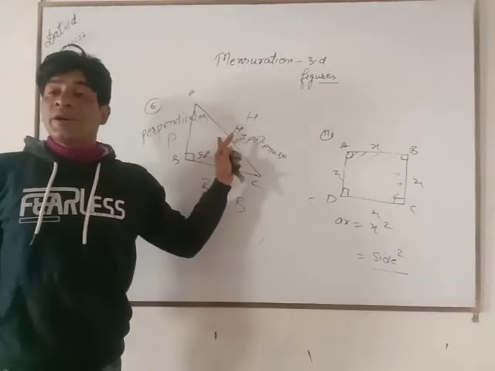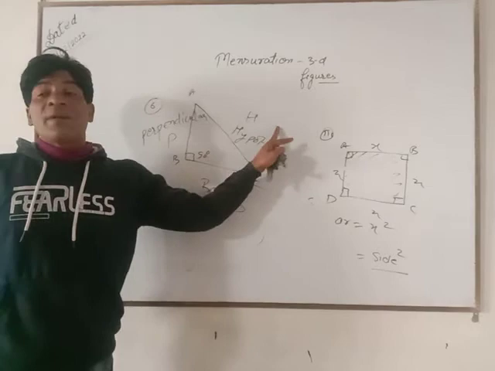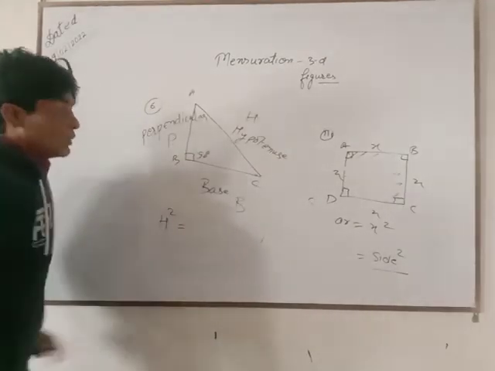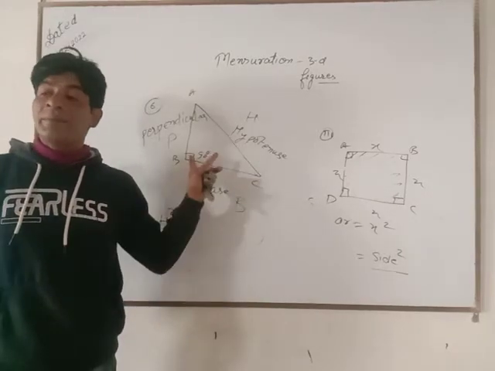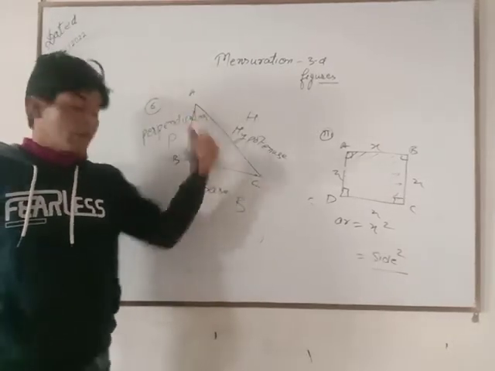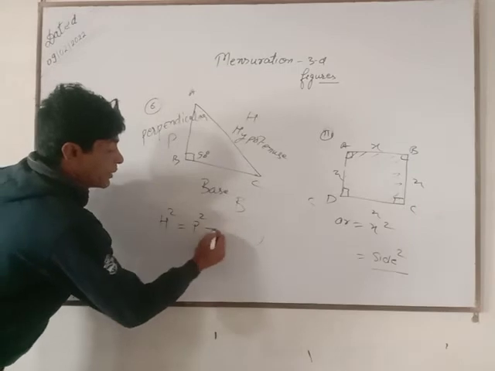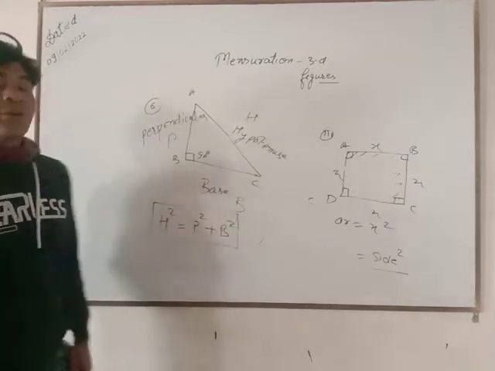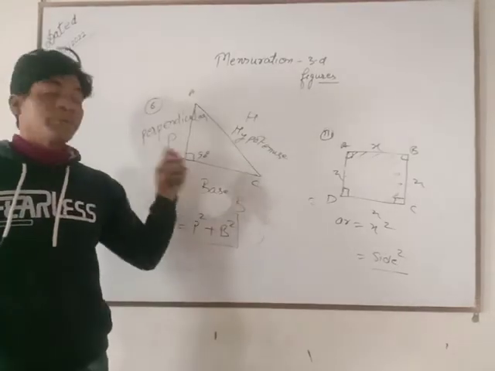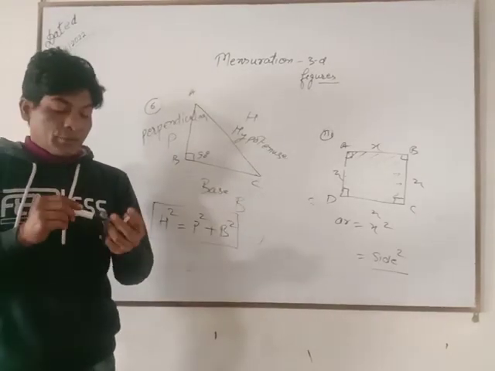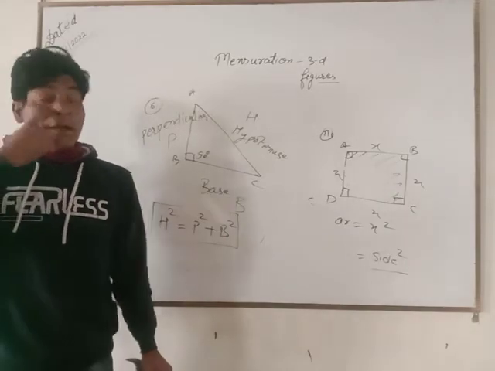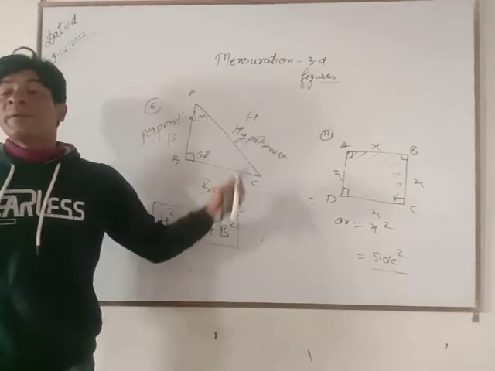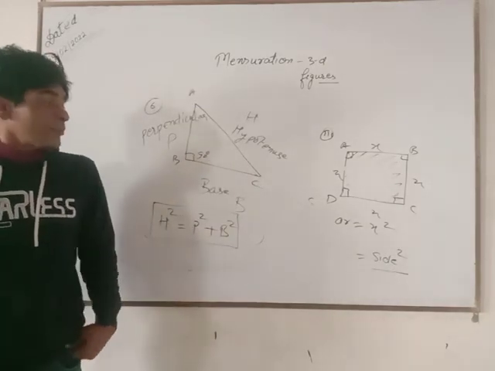Then what is Pythagoras theorem? Square of the hypotenuse is equal to the sum of the squares of the other remaining two sides, that is base and perpendicular. Hypotenuse square equals perpendicular square plus base square, and this is your Pythagoras theorem. Or, 1000 years before, Indian mathematician Bodhayan had provided this very formula before Pythagoras.